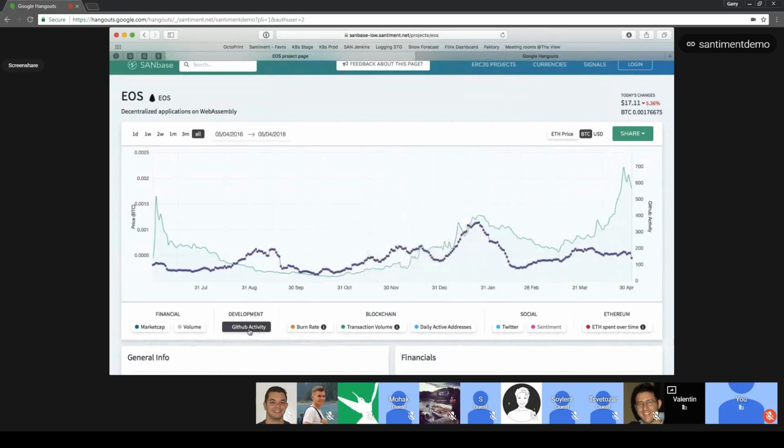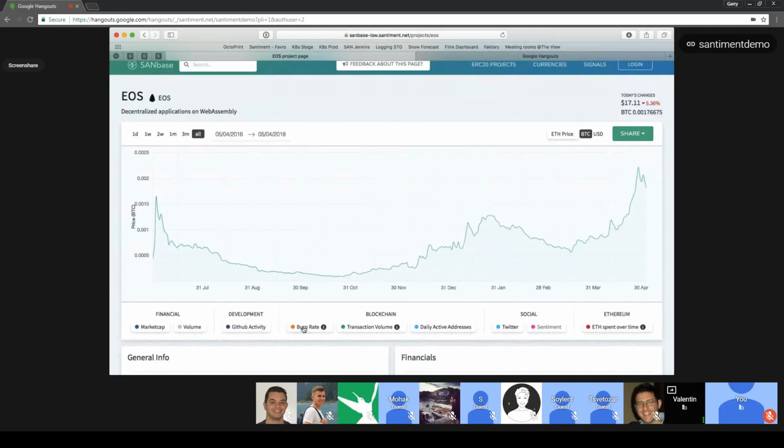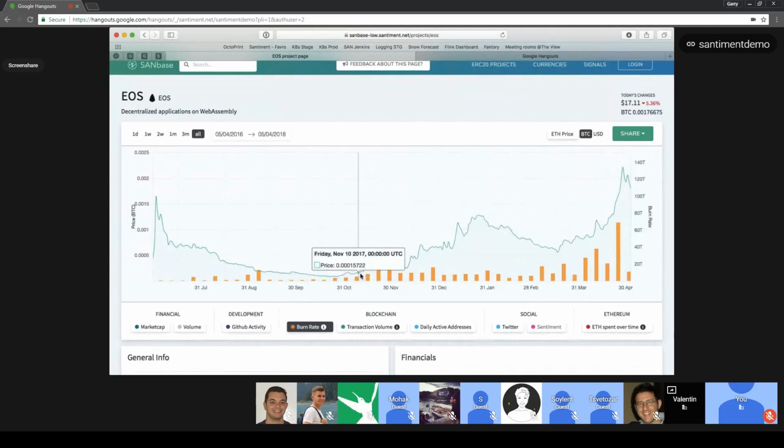In this particular case, also we have this metric called burn rate, which has nothing to do with burning tokens. The idea is that this metric is going to spike when there are big amounts of tokens that have been staying still for a while and they've been transferred somewhere.